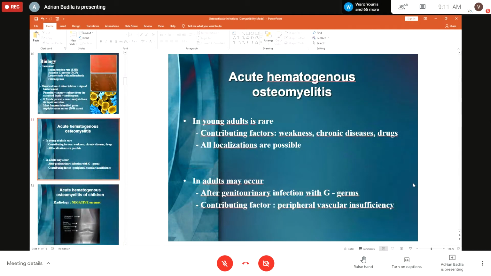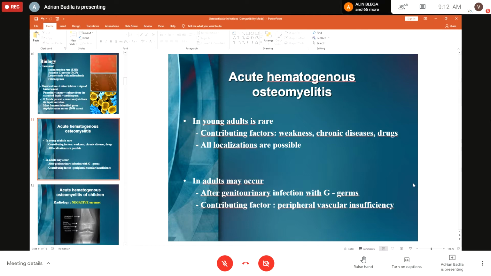This clinical entity, the acute osteomyelitis, is rare in young adults, and all localizations are possible. The contributing factors for the appearance of this disease in young adults are general state of weakness, chronic disease, drug use, and so on.